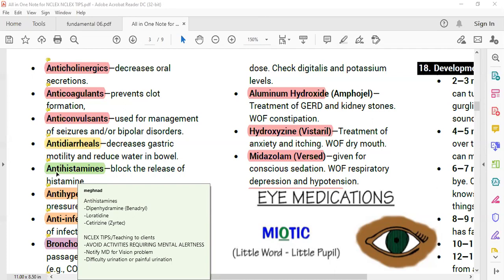Diphenhydramine or Benadryl is an antihistamine that can also be used as a sedative. Sometimes people complain they have nausea because of traveling. So some travel nurses take it to sleep during their traveling time.